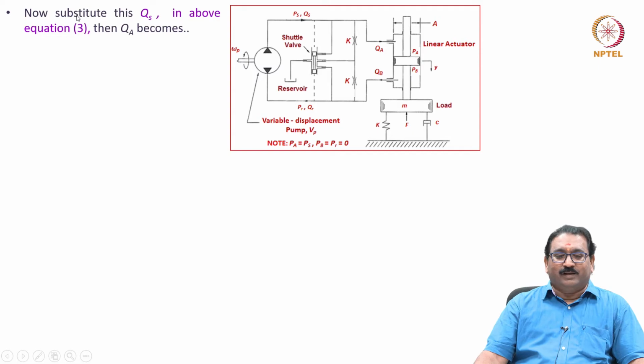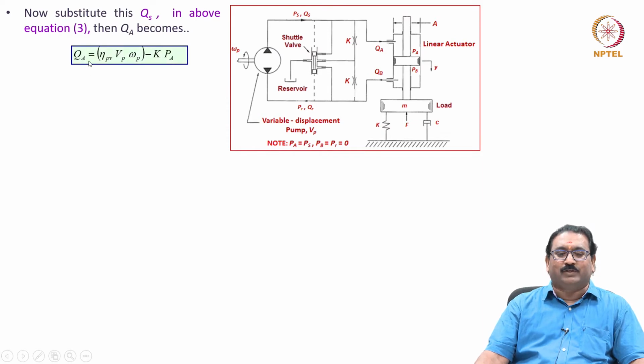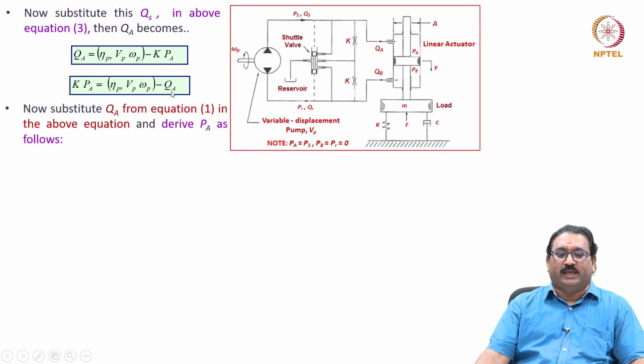Now, substitute this QS in the above equation 3, then QA becomes QA equals this. Then what we will do now? Now I will take this term, K PA equals this term, and this minus QA will go here. Now I will substitute QA here.